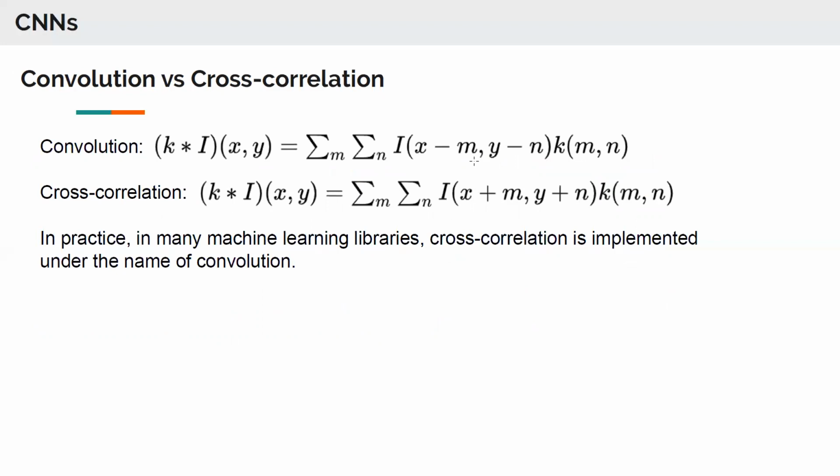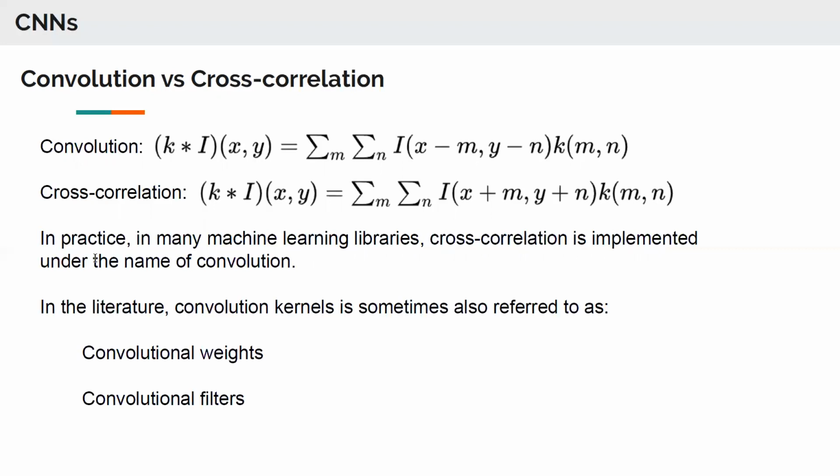So what a lot of machine learning libraries do is that they call their functions convolution, but underneath they're implementing cross correlation. This is not something that affects performance, but it is good to know. For the purposes of our lecture, we will just continue to call both these operations convolution, but there can be this subtle difference underneath.